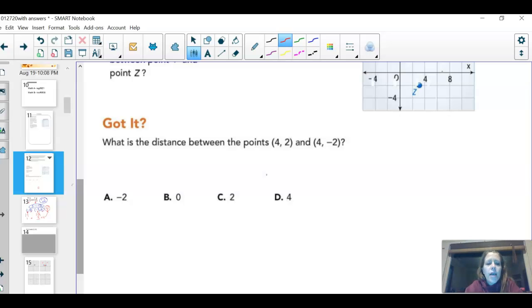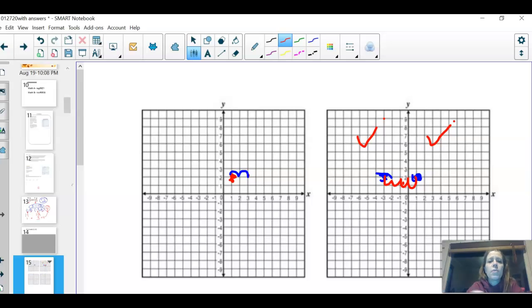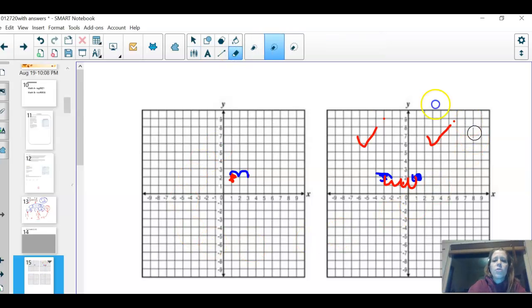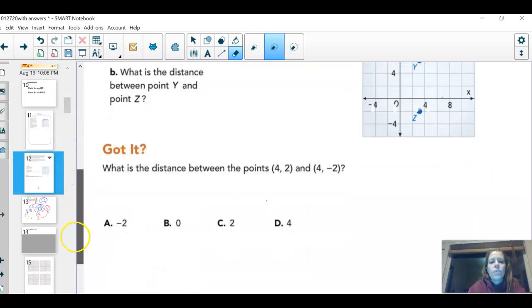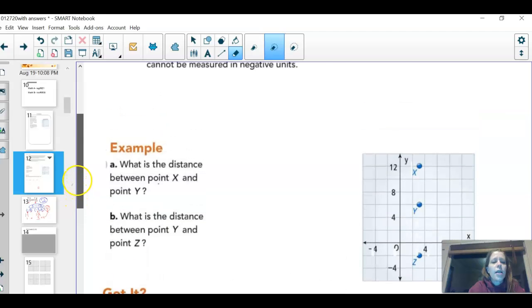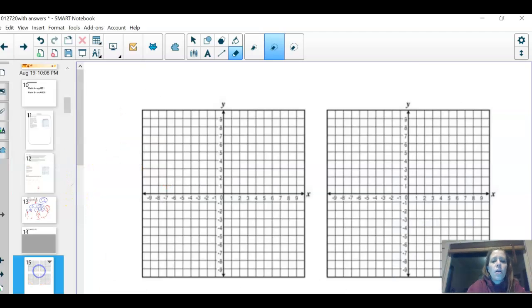Okay, so let's go ahead and look. We can actually draw the points. So I'm going to go back to this, and I'm just going to erase that. And I'm going to go ahead and draw the points. So I have 4, 2, and 4, negative 2. Yo voy a dibujar 4, 2. Es aquí.